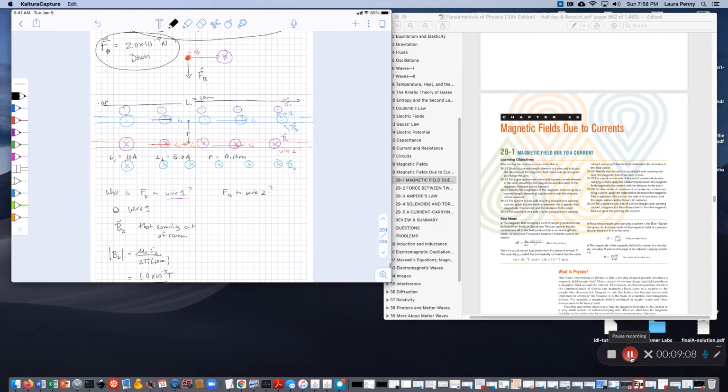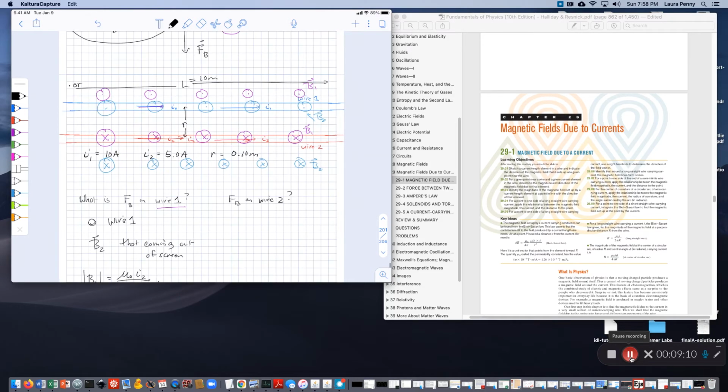But the direction of this force, so let's get rid of some of these purple ones right now, just to try to simplify these things a little bit. We're less concerned about the magnetic field being produced by itself out here as we are at the 1.